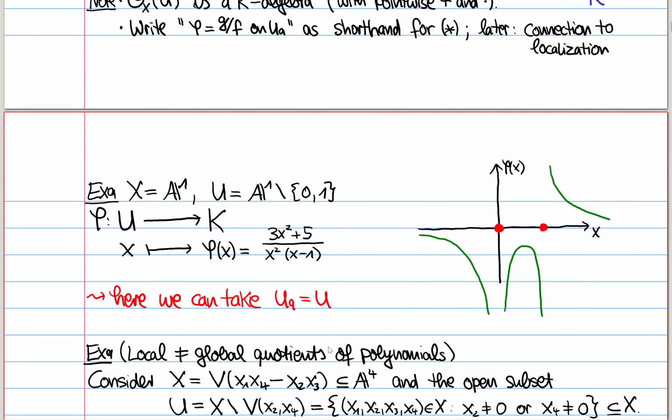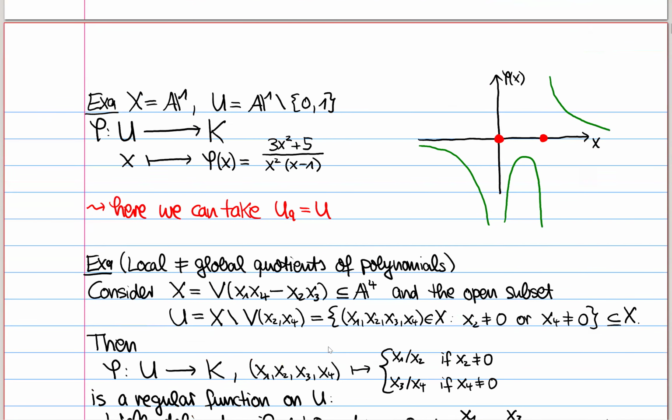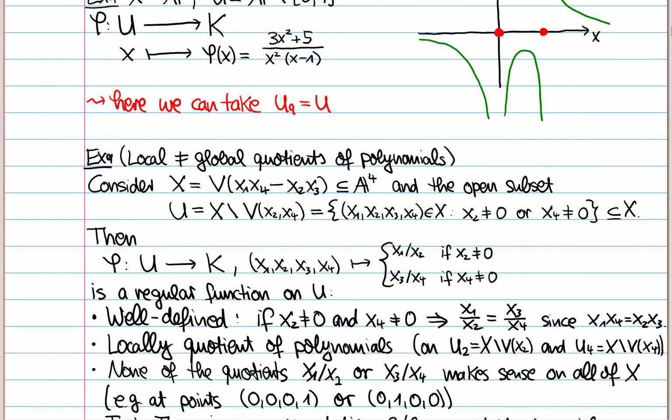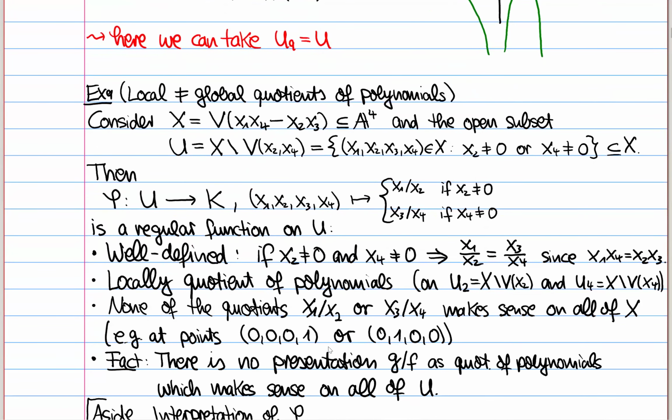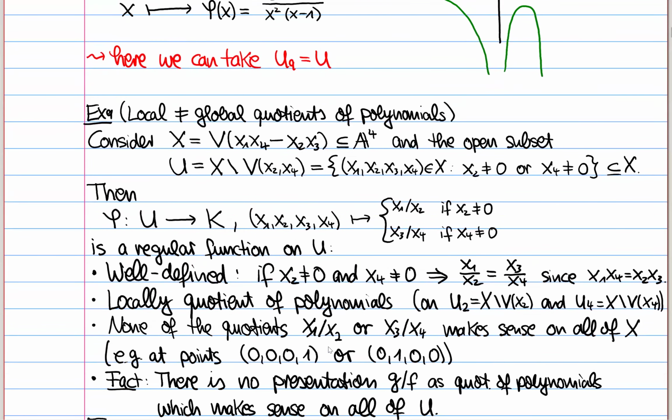And the next example shows that this is not always possible. There we have to go to slightly higher dimensions. So let's see again this affine variety X, which is given by the vanishing locus of x1 x4 minus x2 x3 inside A^4.